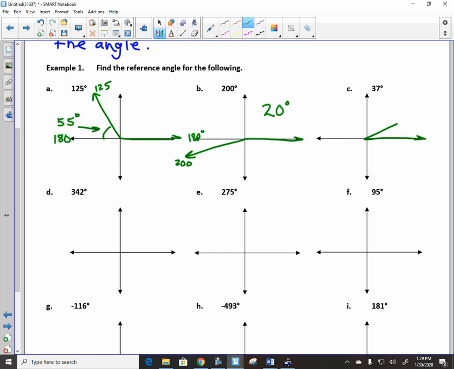I have a 37-degree angle. This here is 0 or 360, depending on what kind of number you're looking at. What's the angle measure between 37 and 0? 37.